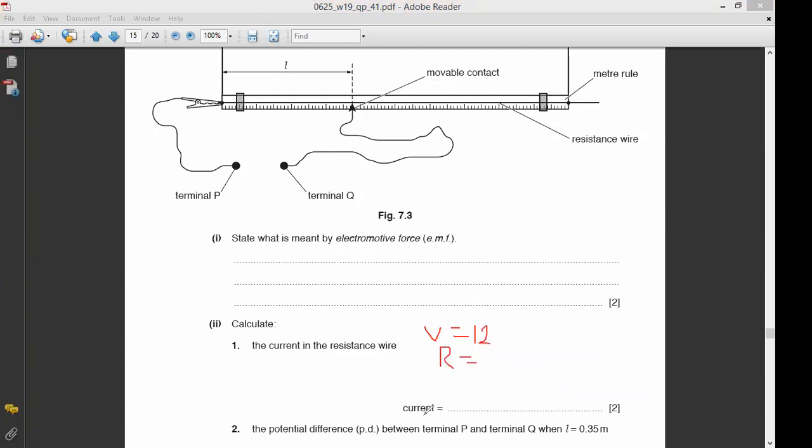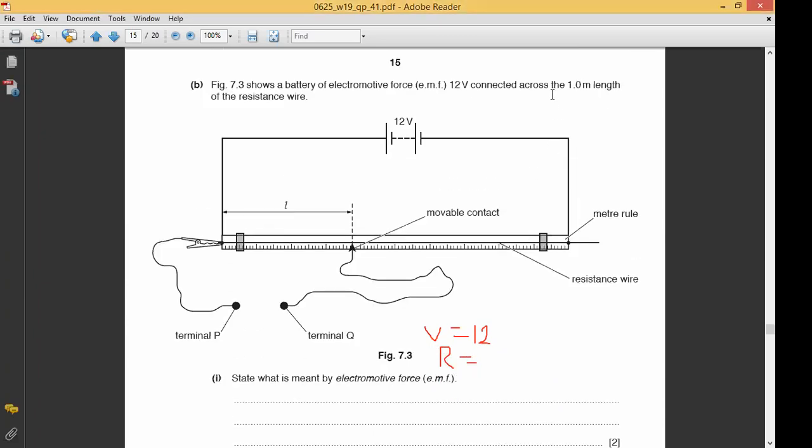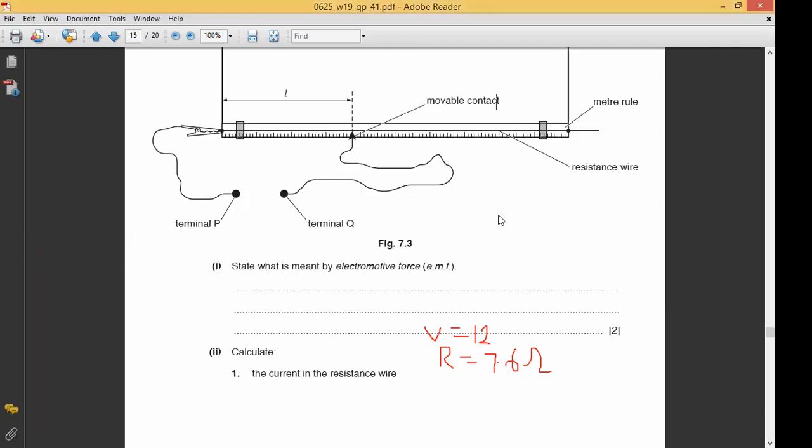Remember, we are using a resistance across the 1.0 meter length. So when it was 1 meter, what was the resistance? The resistance was 7.6 ohms, right? So what will be the current now?